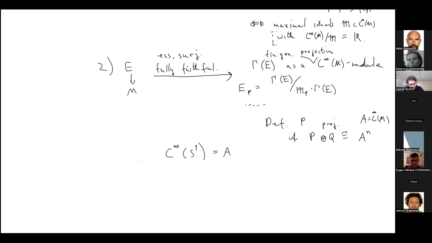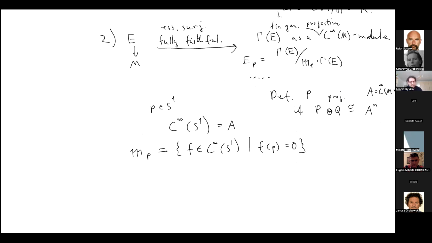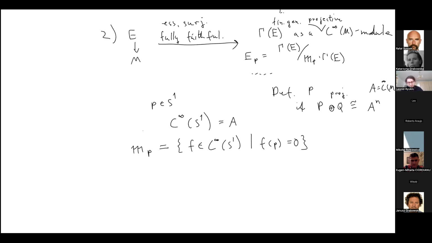We fix some point P in this S1, and we look at the functions on S1 that vanish at this point that we fixed. This is the same thing as the maximal ideal of the point P that we have discussed before, but it's also a module, and one can show with a slightly longer calculation that M_P is a projective module.